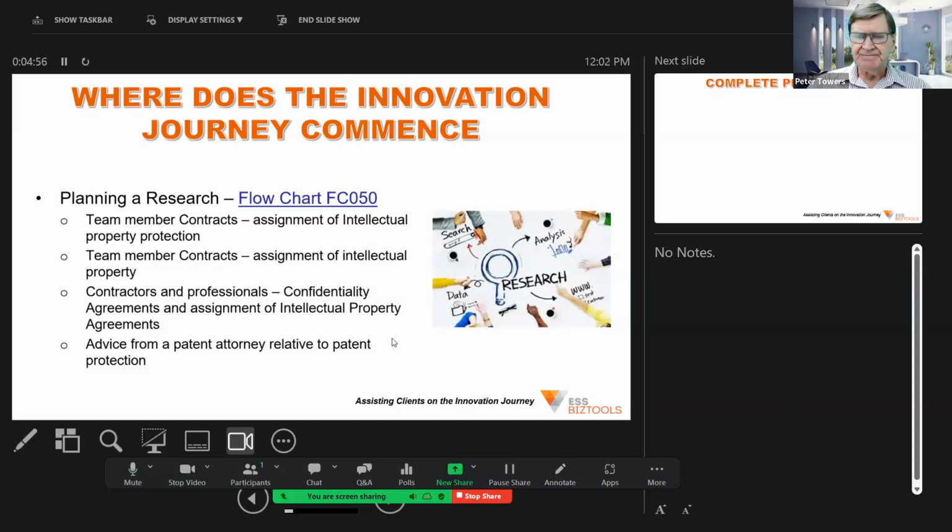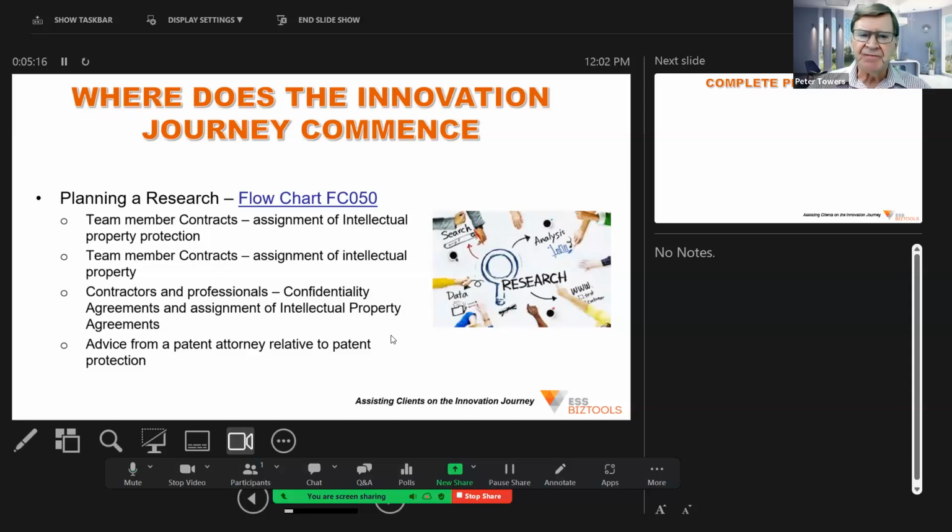So that particular clause might not have been included in their contract. That could prove quite expensive for your client. The contracts for team members should also include an assignment of intellectual property to the business.